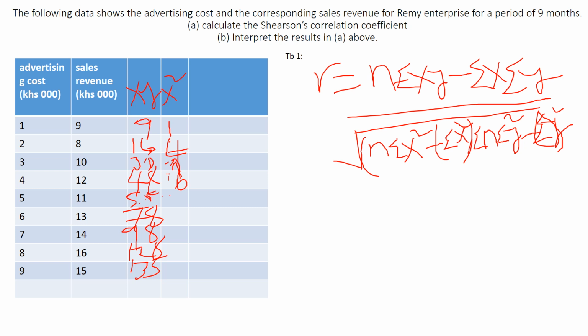And then if you square 5, you get 25, and if you square 6, you get 36.